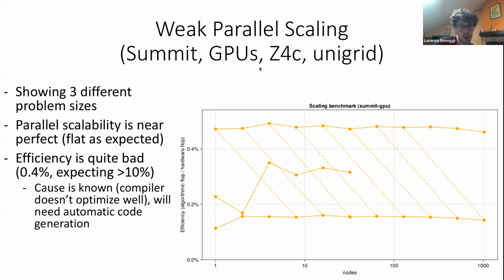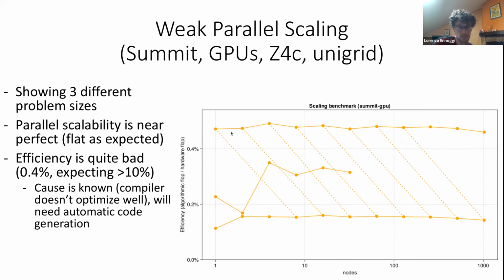Okay, here I'm going to show a weak scaling test done with CarpetX, done on Summit on GPUs, evolving the Z4c system in unigrid. So here we show 3 different problem sizes, and you see that basically the scalability is perfect from 1 to 1,000 nodes.